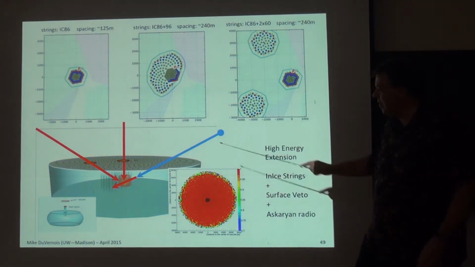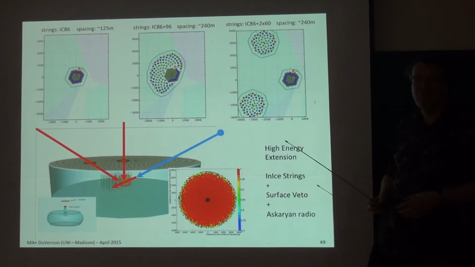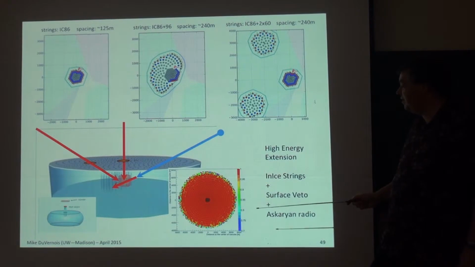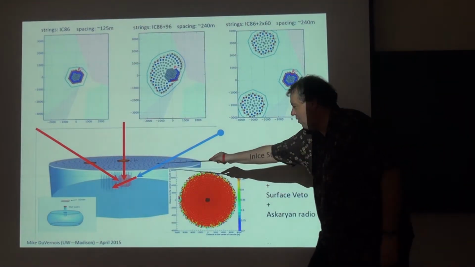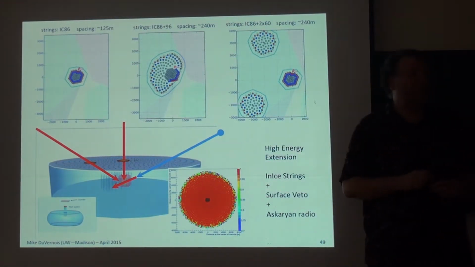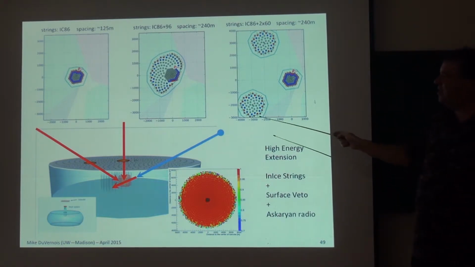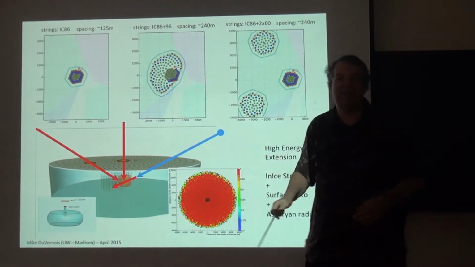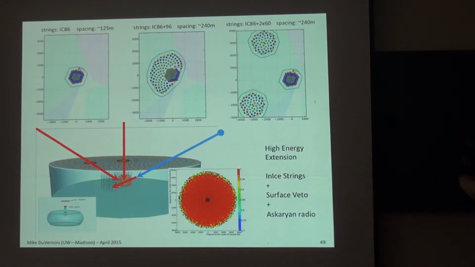Extending a veto out over about 200 square kilometers would allow a potentially very efficient veto even for an extended detector. These sketches of the detector, say this one plus 200 square kilometers of surface detector, give about an order of magnitude increase in event rate for these high energy neutrino events. Actually about a factor of 12 or so.